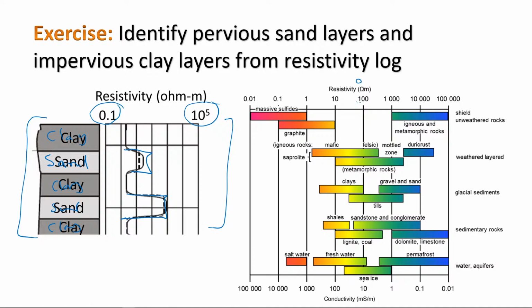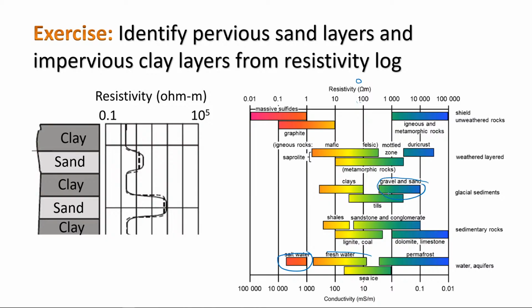Now let me tell you something. If this was saline water, that could also get confusing. If this was saline water, salty water, not fresh water, then you will still get this kick, but it will not be so pronounced. Let's say the resistivity of sand and gravel is here.